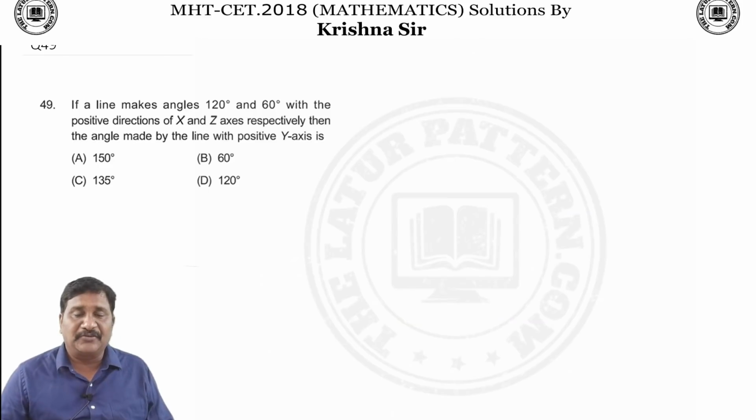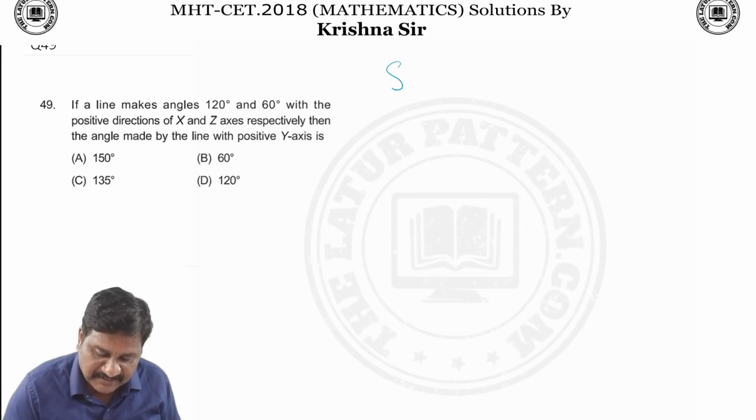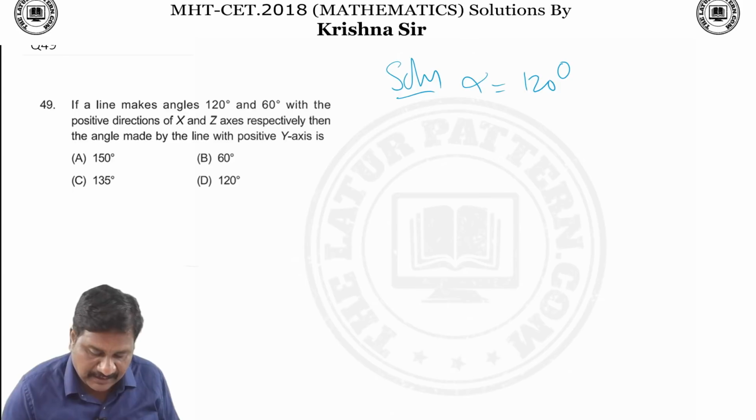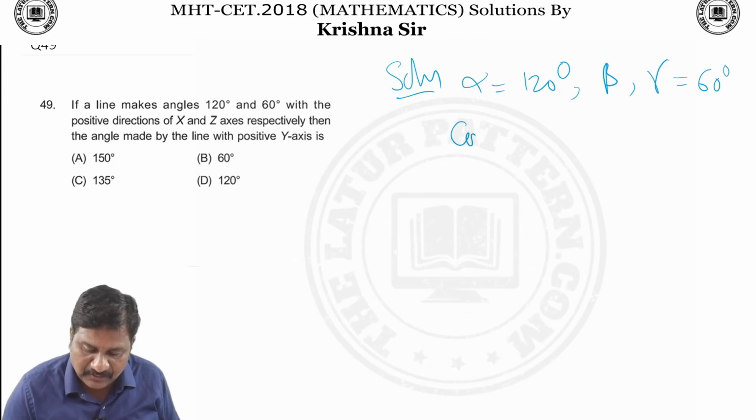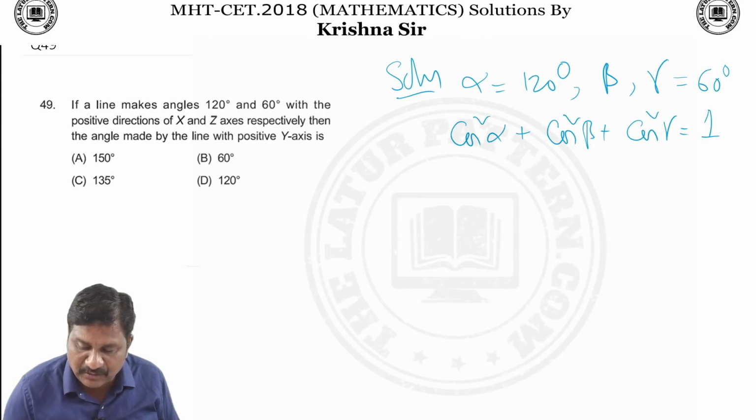The solution of question number 49. If a line makes angles 120 and 60 with the positive directions of x and z, so the given angles from the problem are alpha equal to 120, and the angle made by the line with the positive y-axis is beta and with the positive z-axis is gamma, which is given as 60. Now we know that cos square alpha plus cos square beta plus cos square gamma is equal to 1.